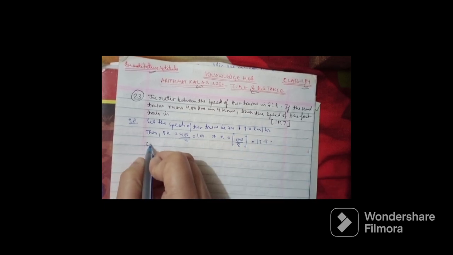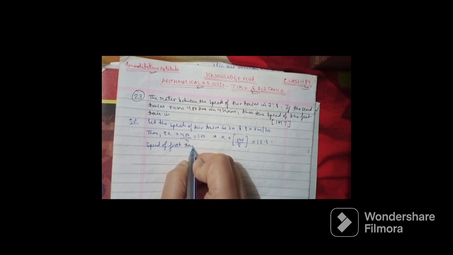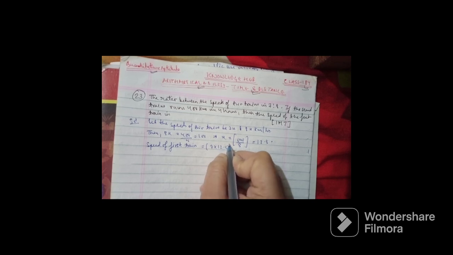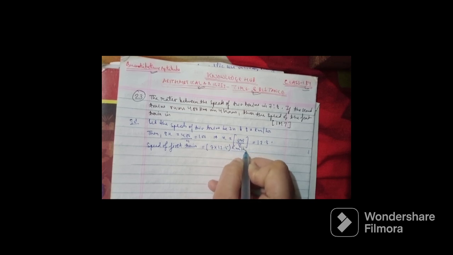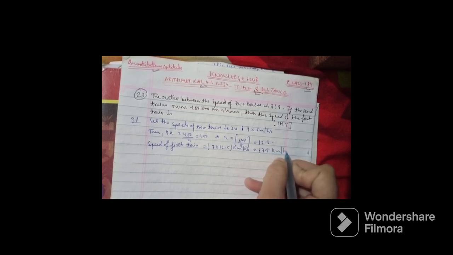Speed of first train equals 7 into 12.5 kilometer per hour, which equals 87.5 kilometer per hour. So we go for that, and let's find out another one, which is another important question here.